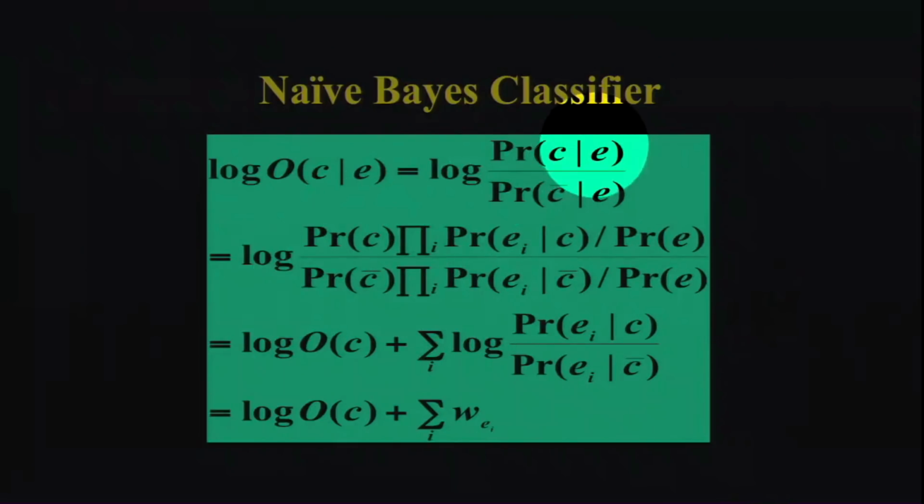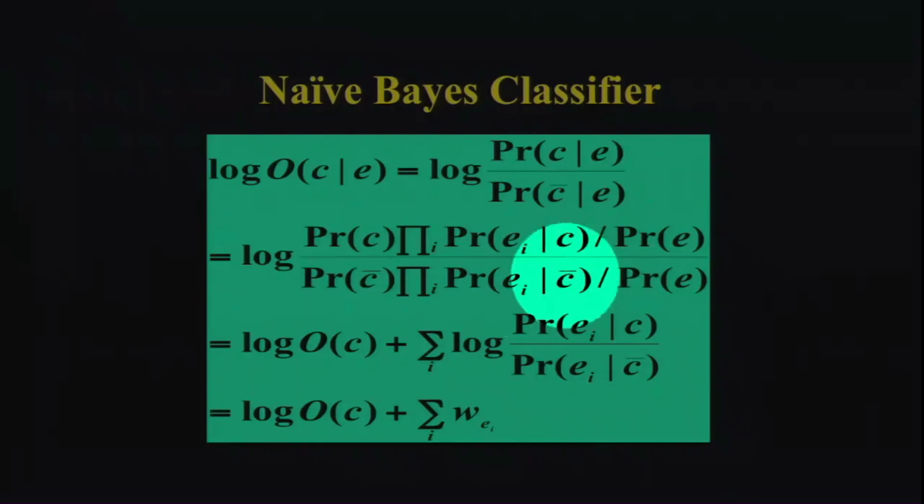What happened here is C given E becomes E given C multiplied by the probability of C divided by the probability of E. And as we know, in a naive Bayes classifier, the attributes are independent given the class, so you can break this into a product.